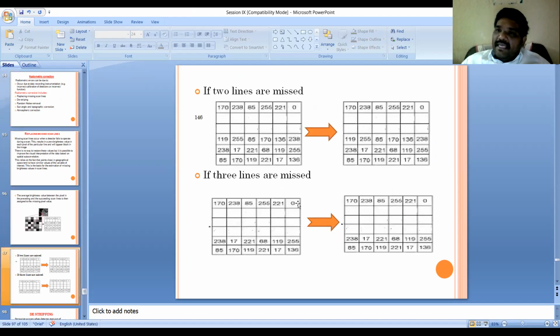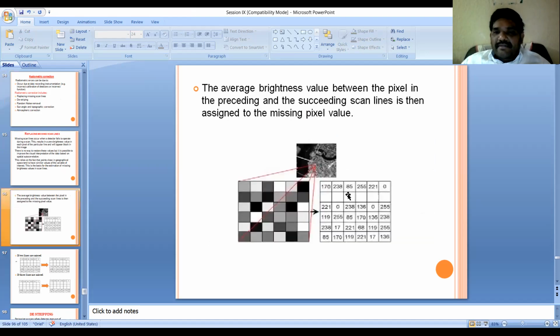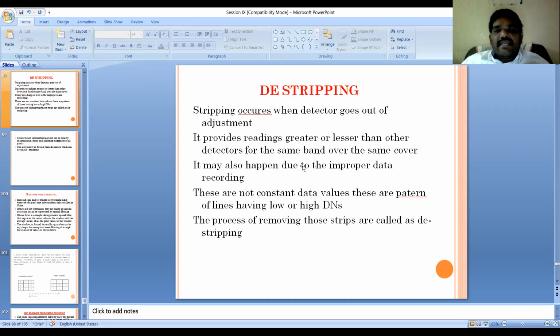In the previous case, we have seen there are no values, that means the entire line has been missed. But in stripping, the lines are there but the values are abnormal. That's what you wrote: these are not constant data values. These are a pattern of lines having low or high digital numbers.